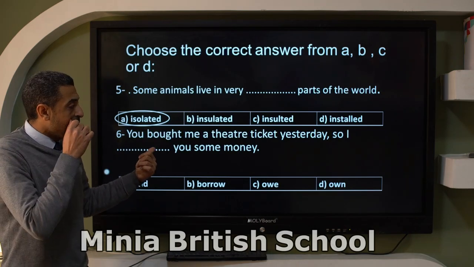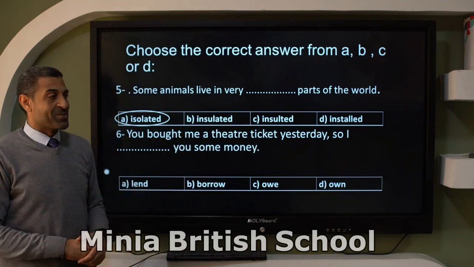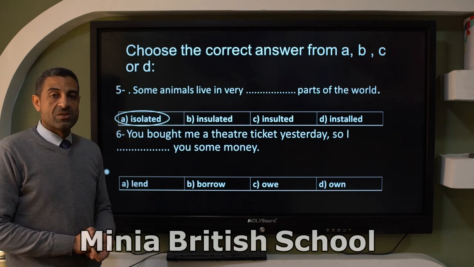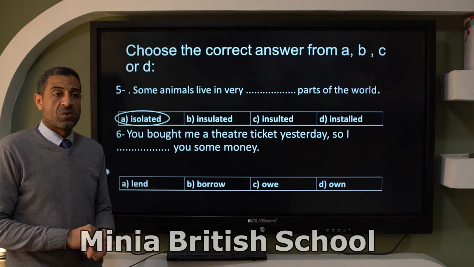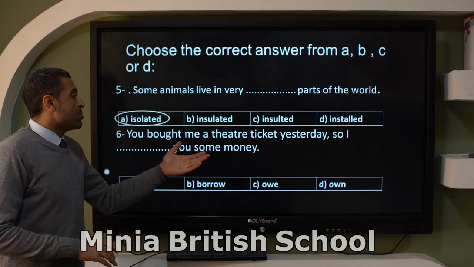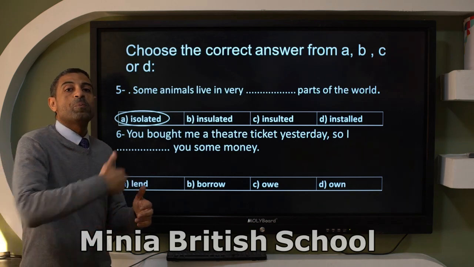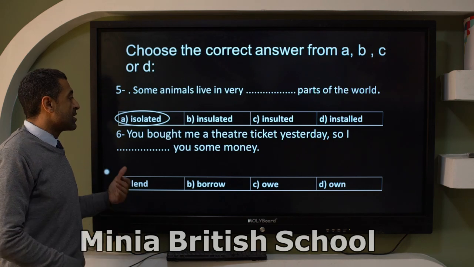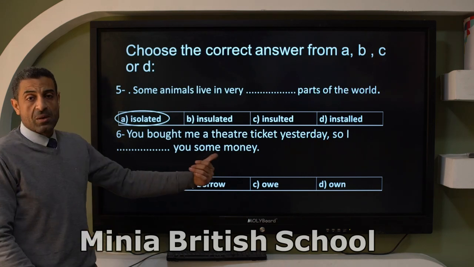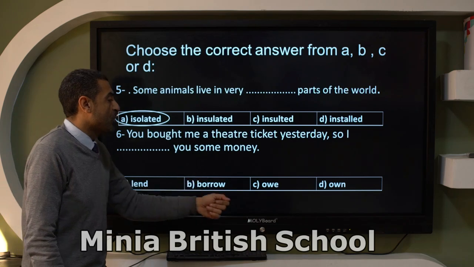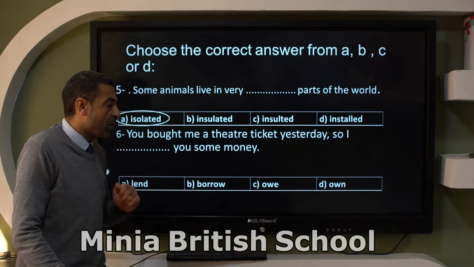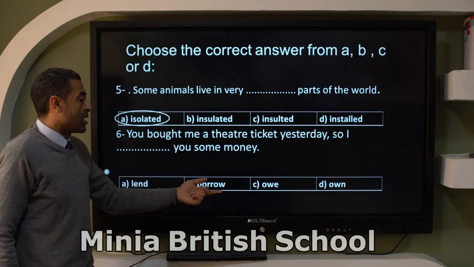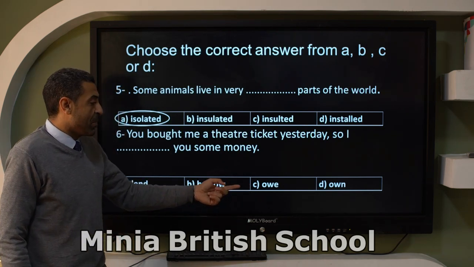You bought me a theater ticket yesterday, so I blank you some money. If one of my friends bought me something and I have to pay it back, is it lend? Do I lend you some money? Of course not. Do I borrow you some money? No, I didn't borrow any money from him. I owe you some money?